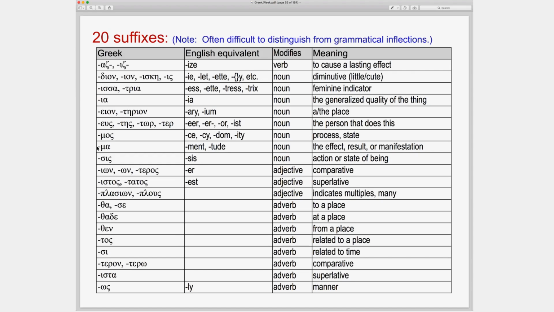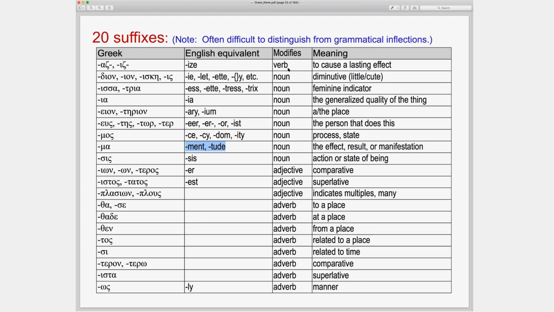Pay particular attention to this mu alpha tau suffix. I've seen so many times that it has added important meaning to a word. It's the effect, result, or manifestation of something.